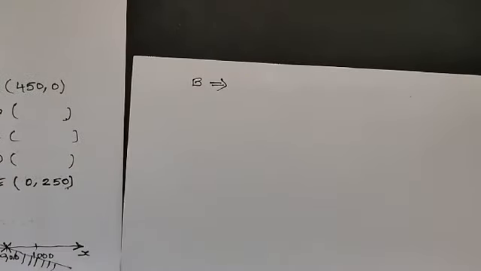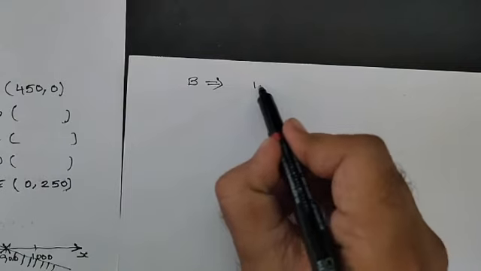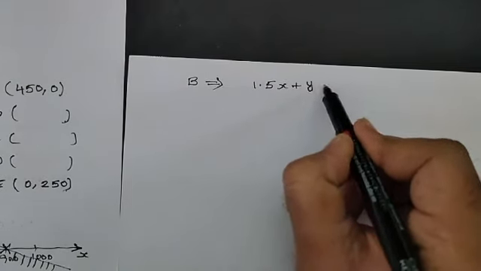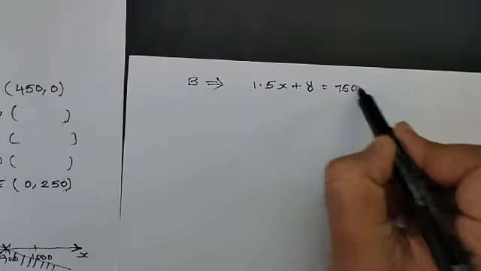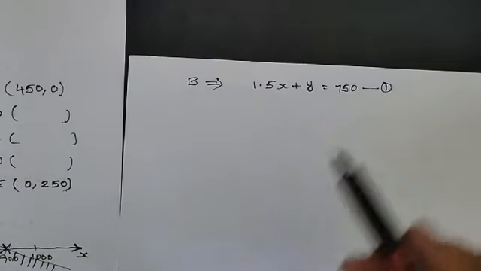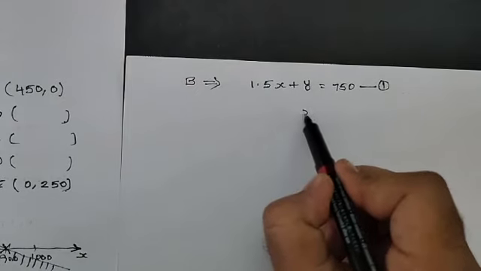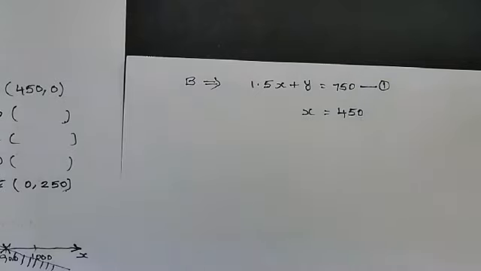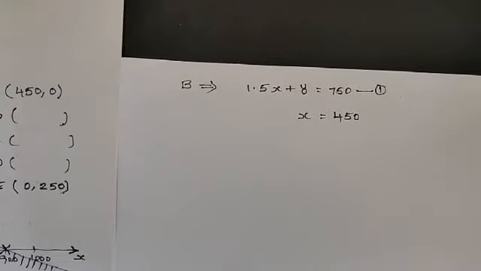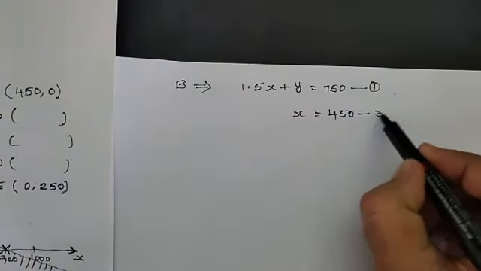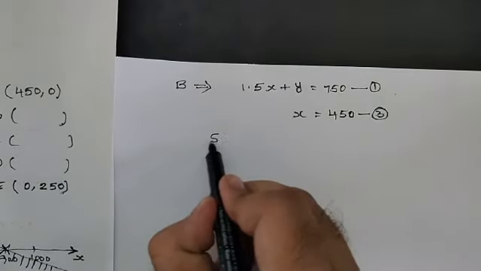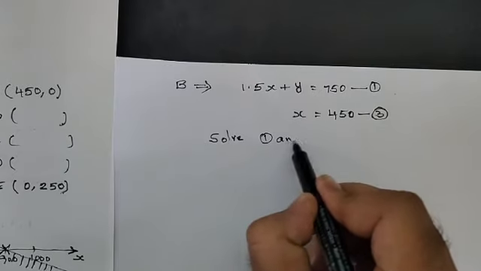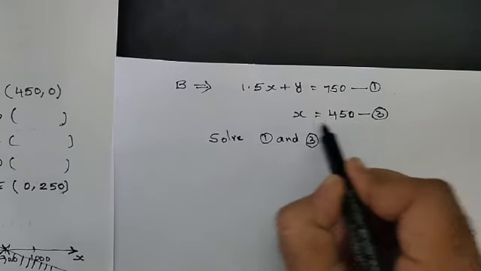So what is 1? 1.5x plus y is equal to 750, that is the first one. And what is the third one? x is equal to 450, right? So this one is the third constraint. Now solve 1 and 3. Here we already know the x value, 450.